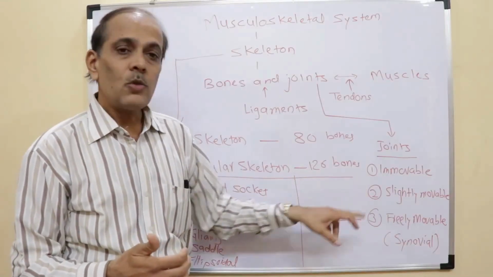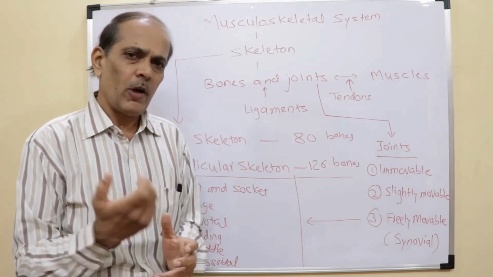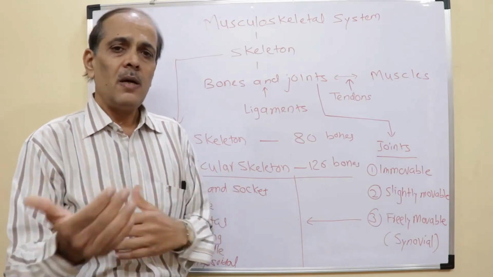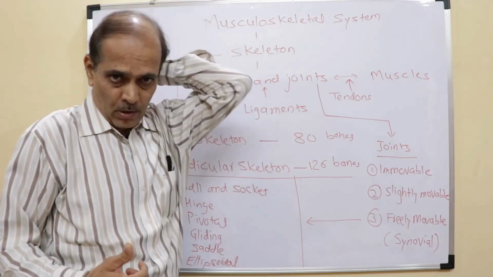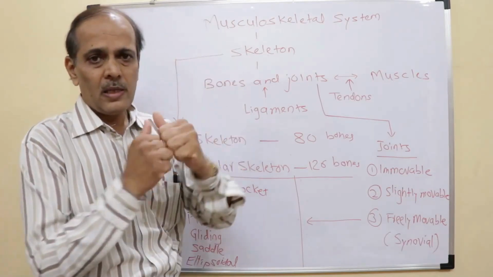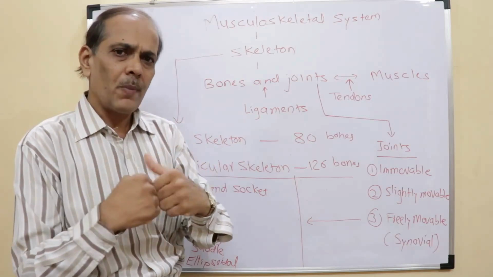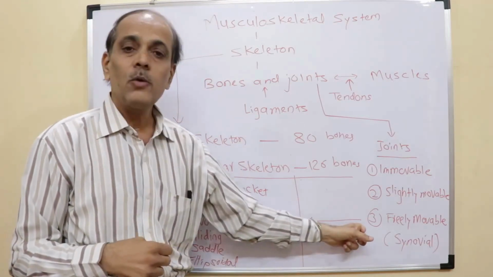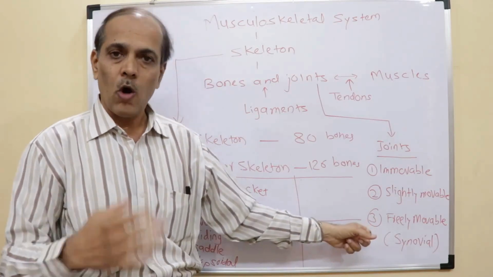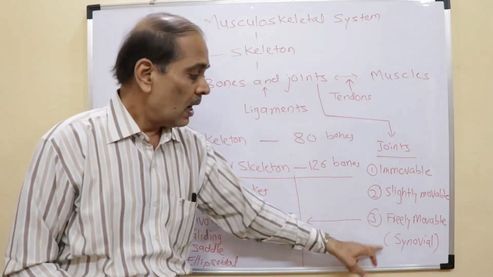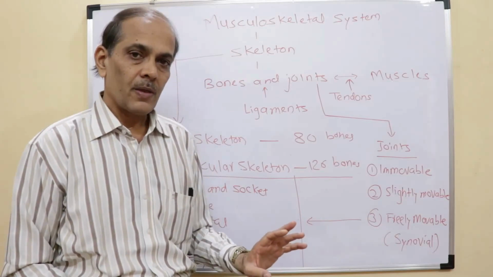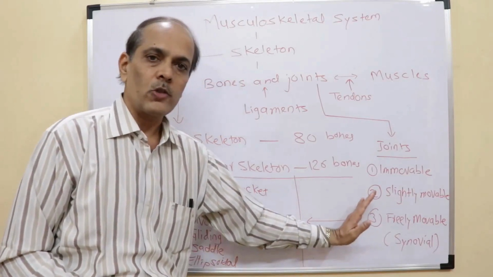Then there are slightly movable joints, where some joints need not have flexible movements. These are particularly joints in your spine, or vertebral column, the partially movable joints. And some joints have to be very freely moving for all our actions. They are called freely movable or synovial joints. Now we'll talk, of course, more about the synovial joints, or movable joints.